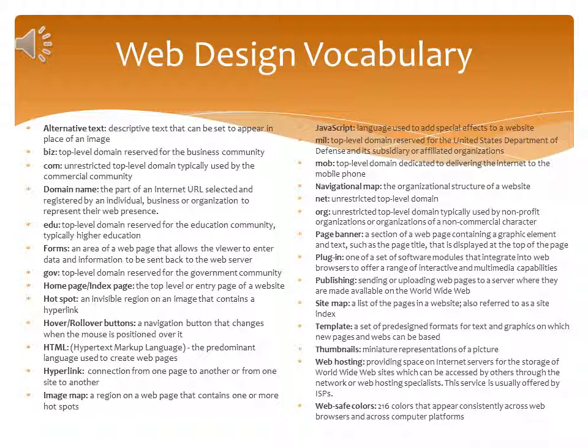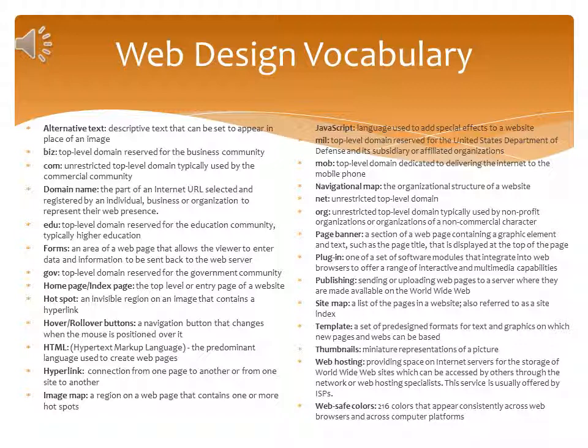A template is a set of pre-designed formats for text and graphics on which new pages and webs can be based. Thumbnails are just miniature representations of a picture. Web hosting is providing space on internet servers for the storage of World Wide Web sites that can be accessed by others through the network or web hosting specialists.